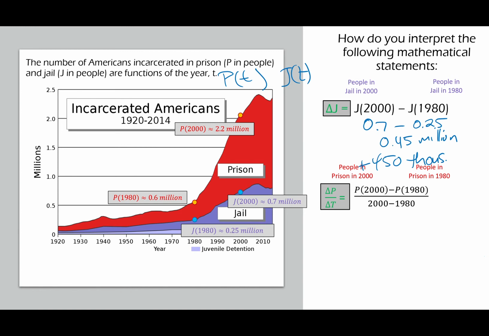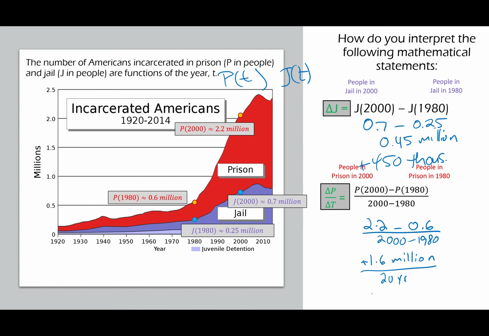So we can go ahead and substitute. Again, we're evaluating by doing this. So we've got 2.2 minus 0.6 all over 2000 minus 1980. So we have 1.6 million people. That's an increase over a 20-year time span.